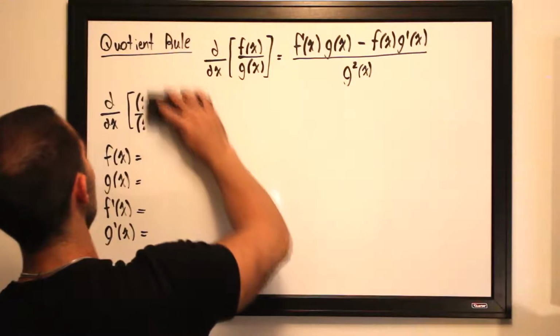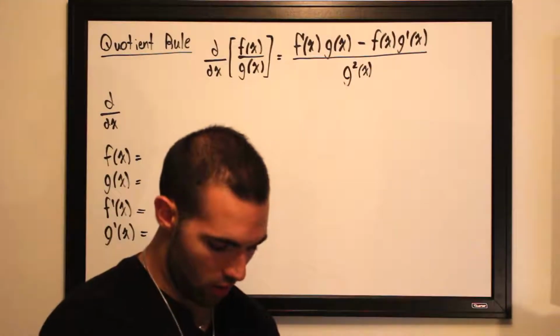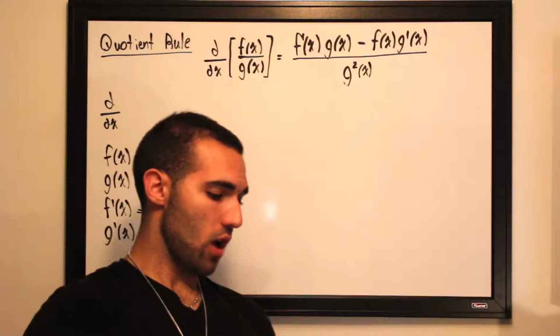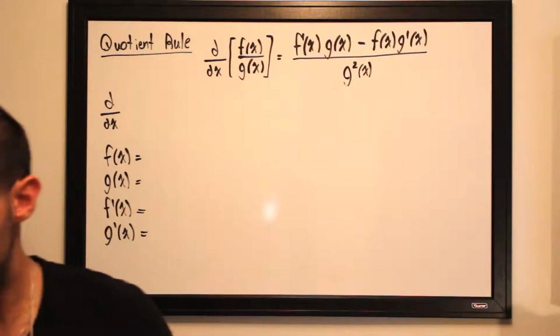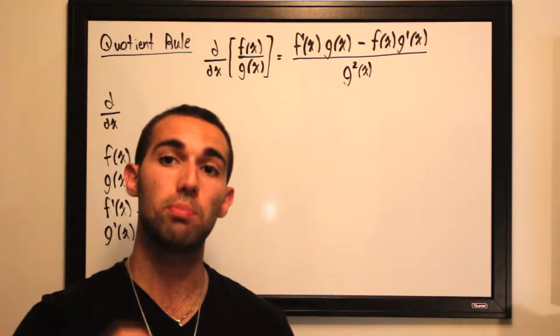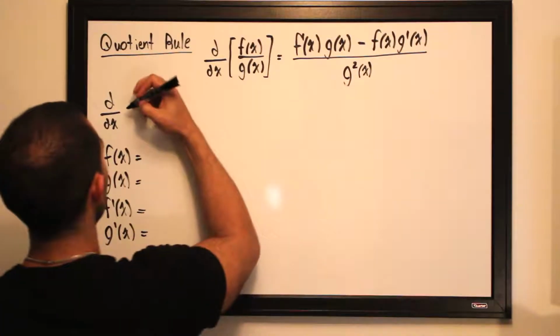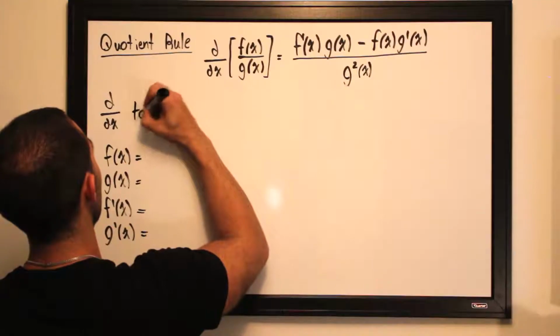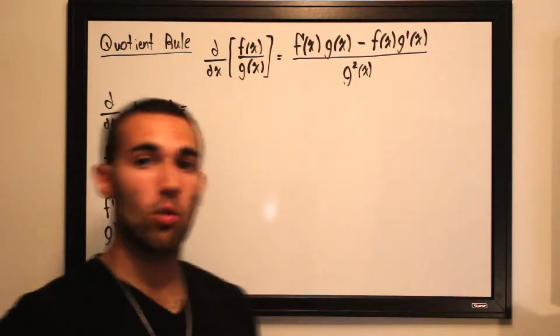So say we wanted to take the derivative of a quotient of two functions. Alright, this will not be a quotient of two functions, but it can be split into a quotient of two functions. So say we wanted to take the derivative of tangent of x using the quotient rule.